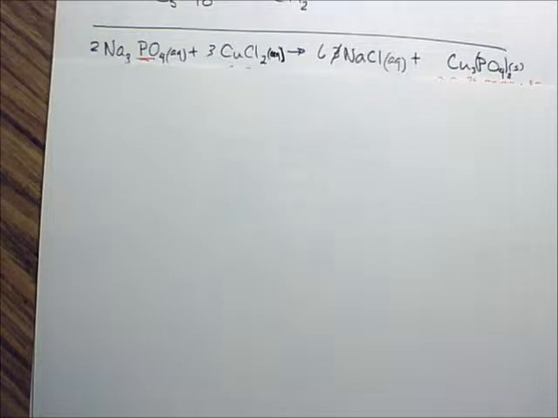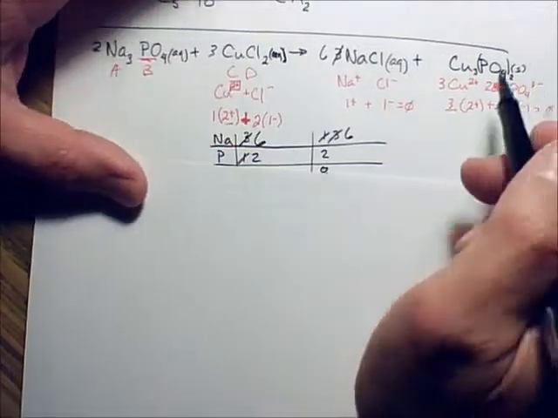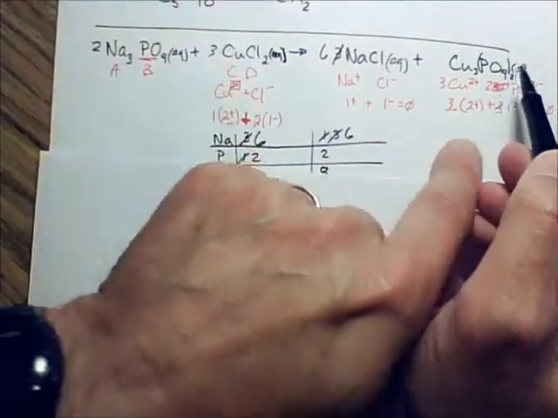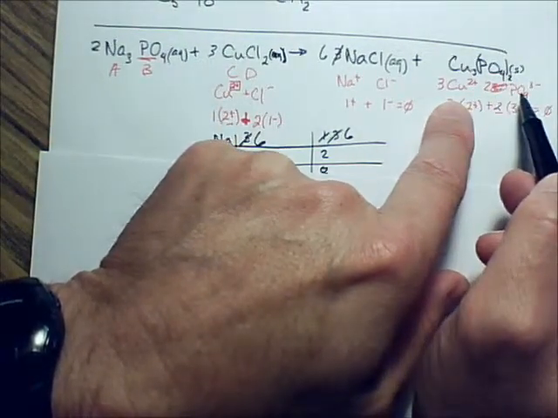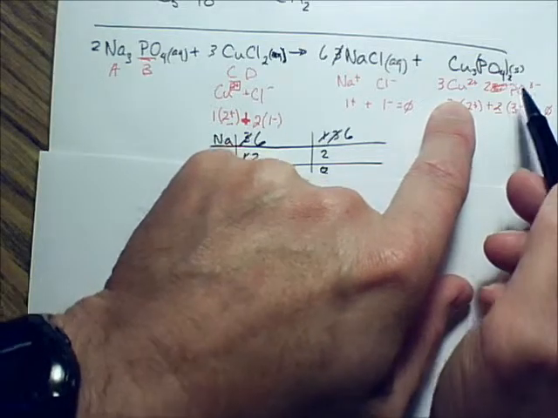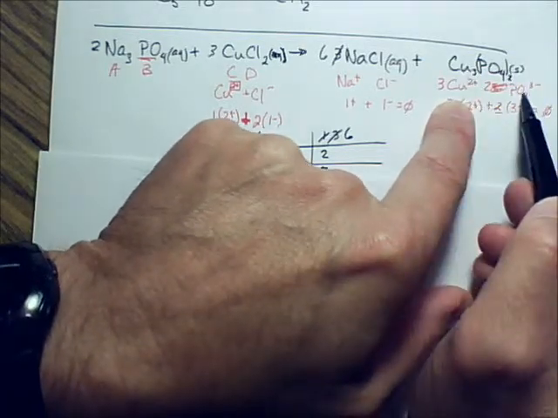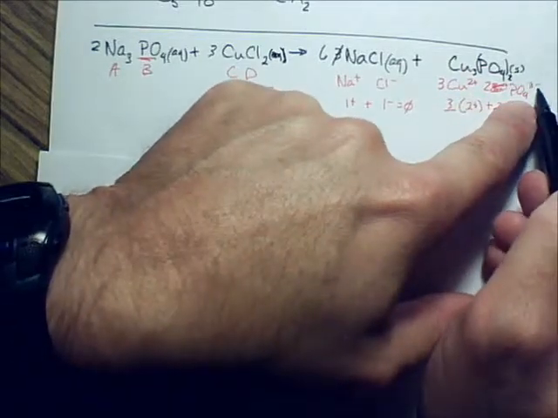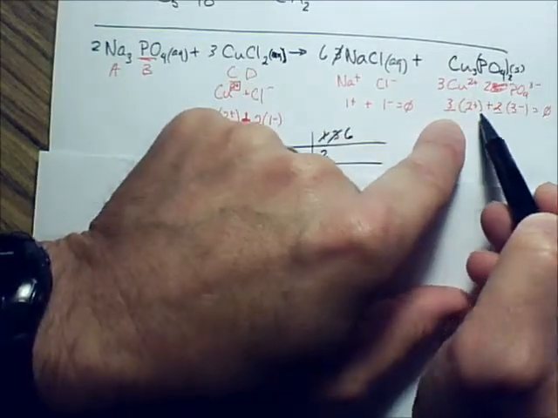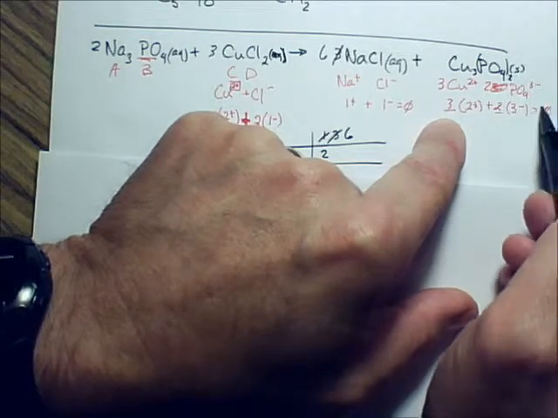When we were first building formulas, a moment ago when we built these formulas, we put these together using ionic charges, didn't we? When we put copper together with phosphate, we had to know the charge on the copper and the charge on the phosphate. We figured out a ratio that would give us a zero charge overall.